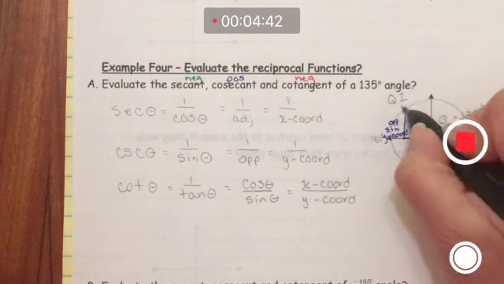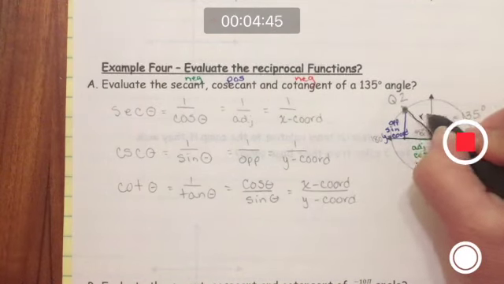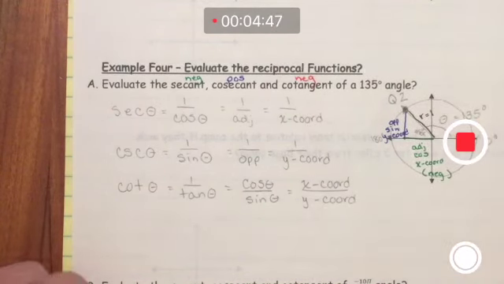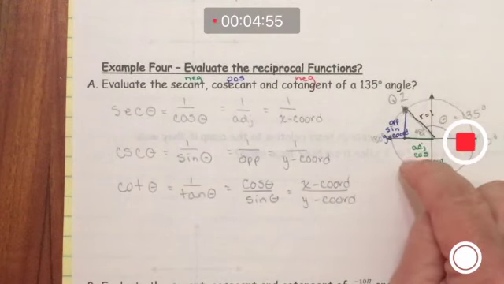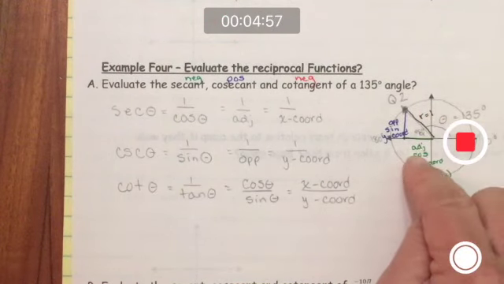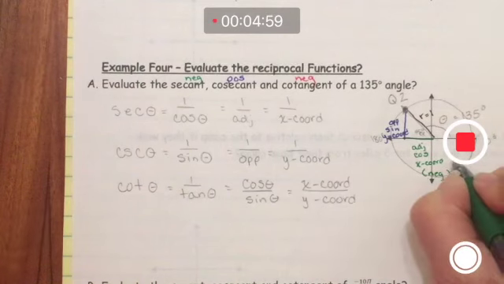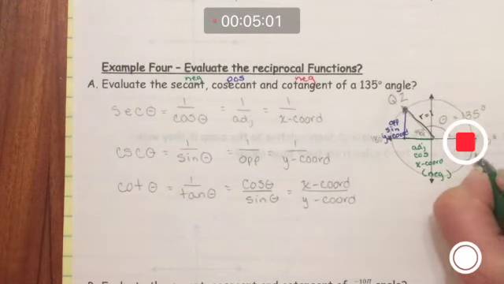There we go. This is going to be a radius of 1. And so it's a 45, 45, 90 triangle. So the factor that we're dealing with is square root of 2, and 1 divided by the square root of 2. So this is going to be a negative 1 divided by square root of 2.